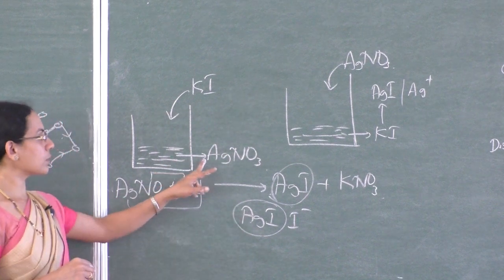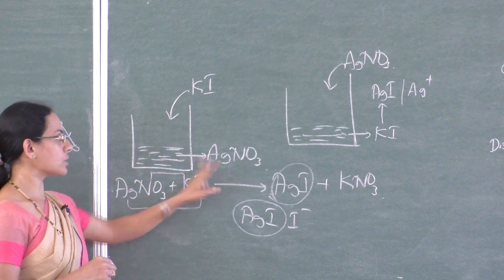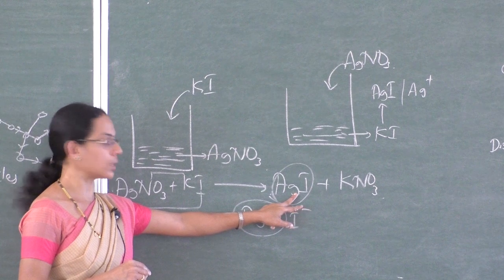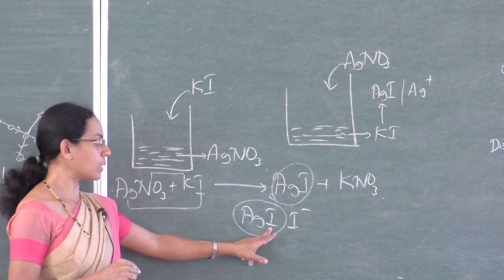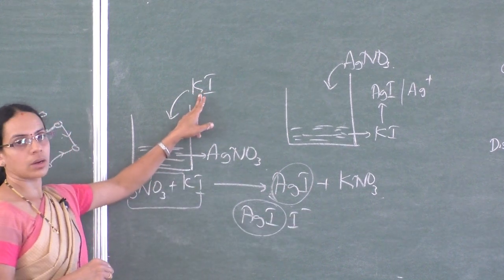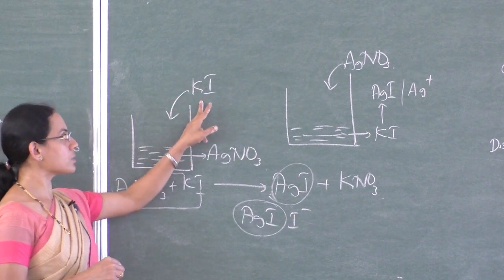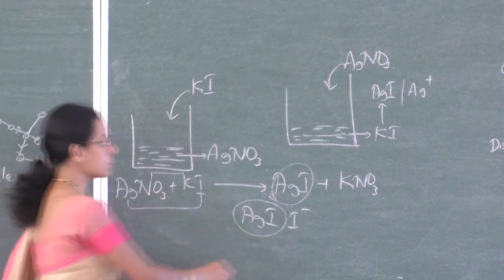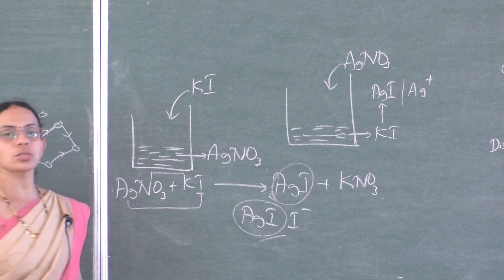If you add potassium iodide to the silver nitrate solution, silver iodide gets precipitated, and that silver iodide adsorbs I minus ions from the electrolyte, because it is added in slight excess. Therefore it adsorbs I minus ions from the precipitate, hence it becomes a negatively charged salt particle.